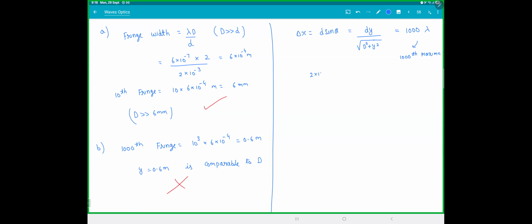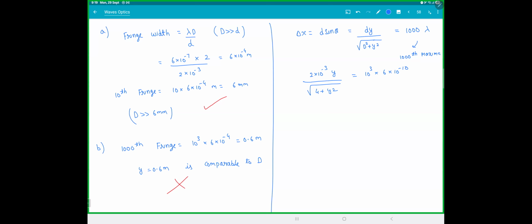D is 2 into 10 power minus 3. Y I don't know. Root over D square plus y square. 1000 lambda is the... I missed something here. Yeah, that looks fine.